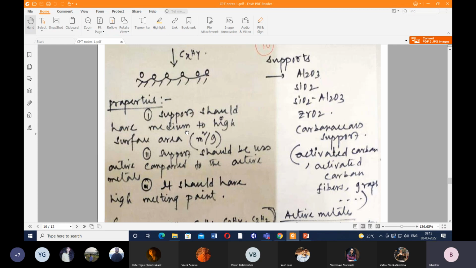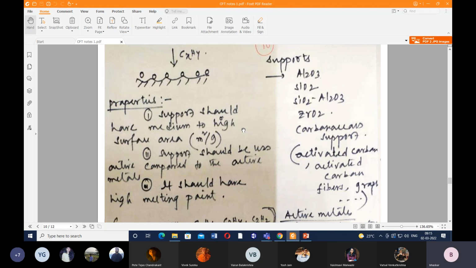Why should they possess medium to high surface area? If the surface area is quite low, then we won't have much dispersion of the active metals, right? In order to make the catalyst more active, we need more dispersion of the active metals, provided we are talking about transition metal based catalysts.